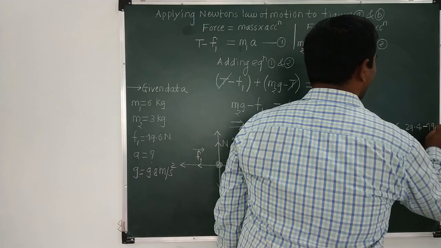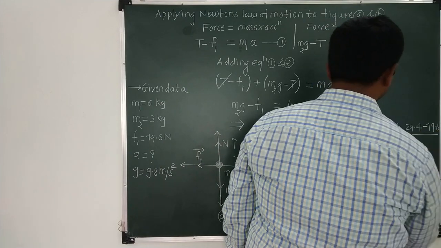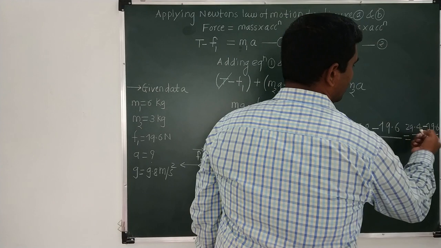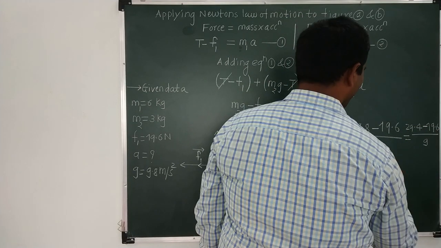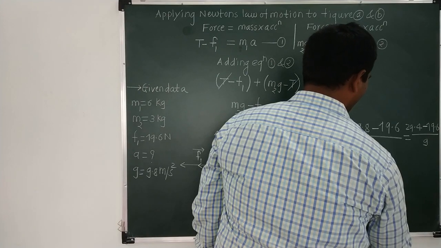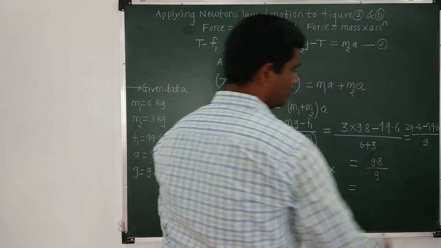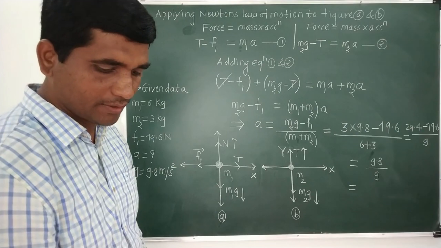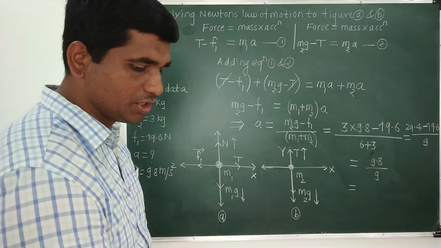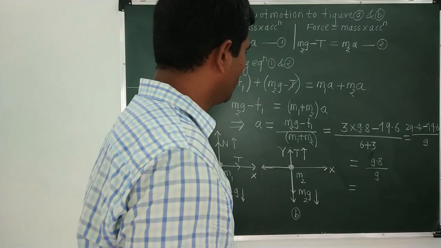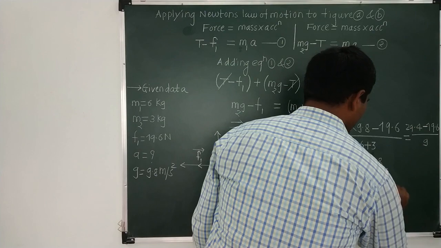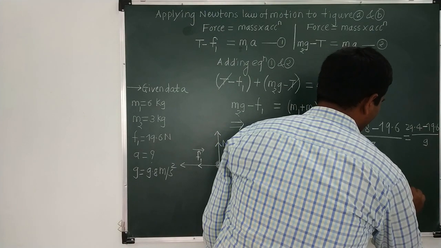So 29.4 minus 19.6 divided by 6 plus 3, 9. If you simplify this, it will come out to be 9.8 upon 9. And if you further do this division, you will come up with the answer 1.09 meters per second.